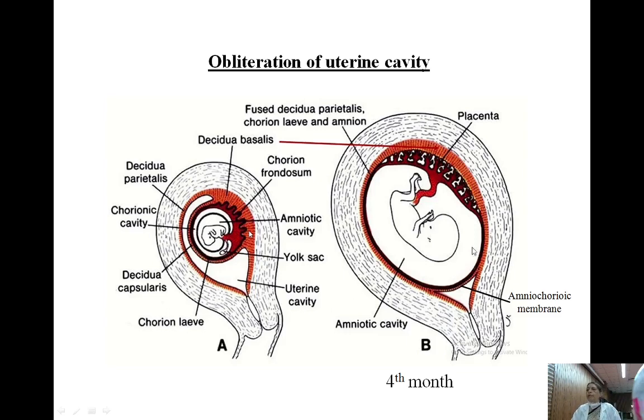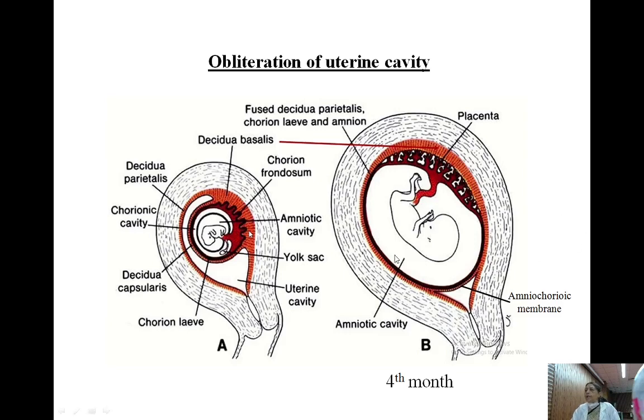Due to growth of the embryo, the amniotic cavity also covers the whole of the embryo, and the amniotic mesoderm comes close to the chorionic mesoderm, and the chorionic cavity also disappears.